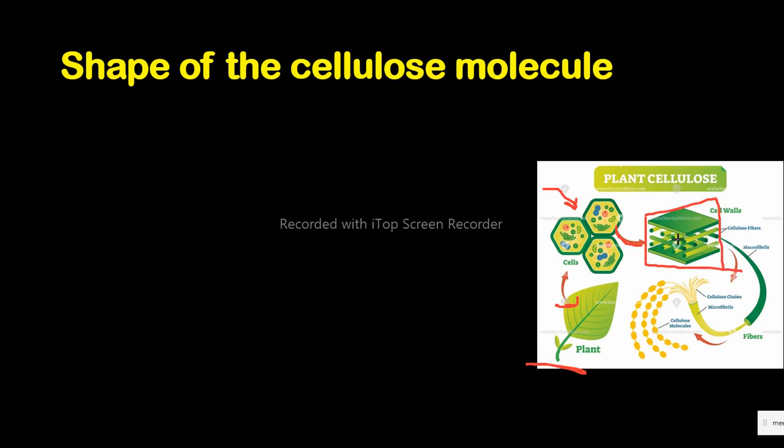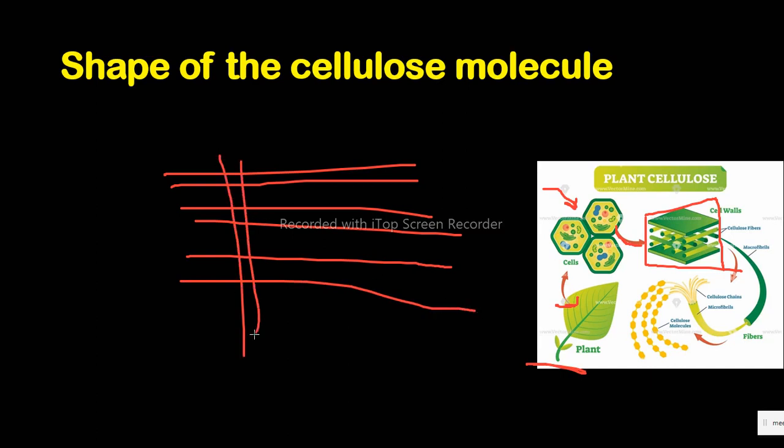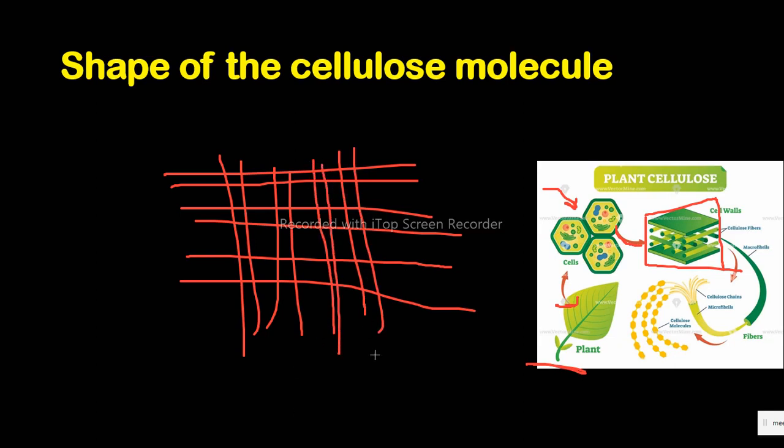You just see macrofibers, like big ropes, called macrofibers that interlock within each other. So now these big fibers, they are the cellulose fibers.